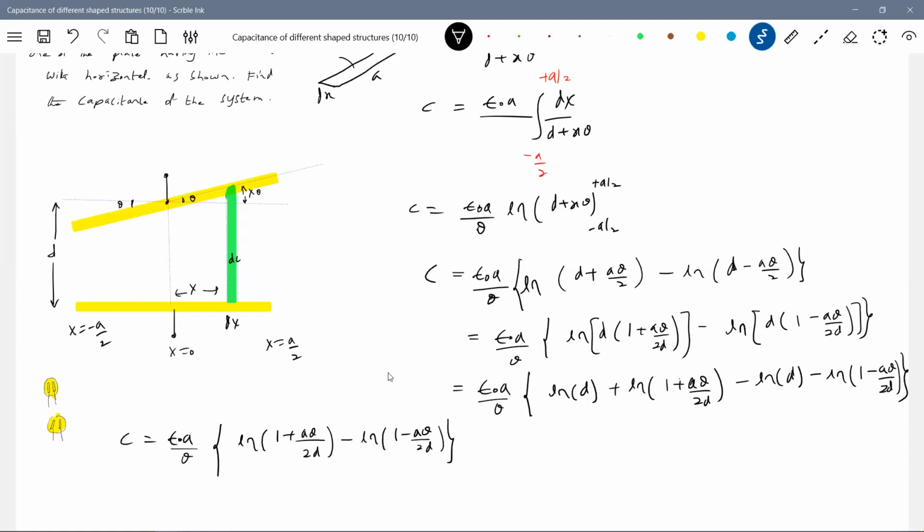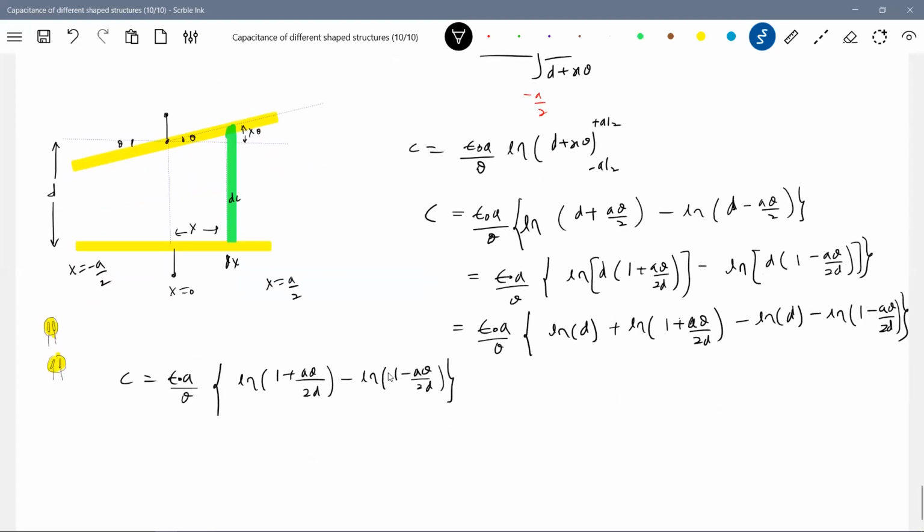Any expansion of logarithm? If you can help me, I'll further simplify it.